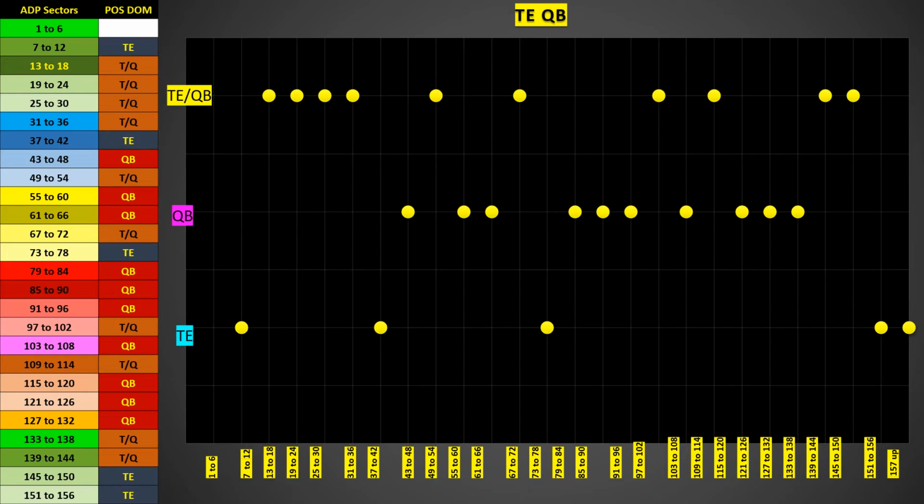Then there's this idea of taking tight ends and quarterbacks late. There's not a lot of sectors where tight ends are dominant, only about 3 here in the main part of the draft, whereas for quarterbacks there's 10 sectors.